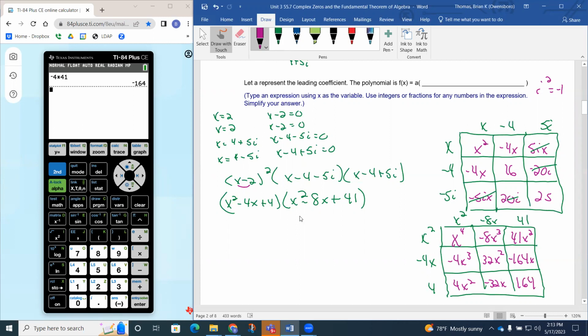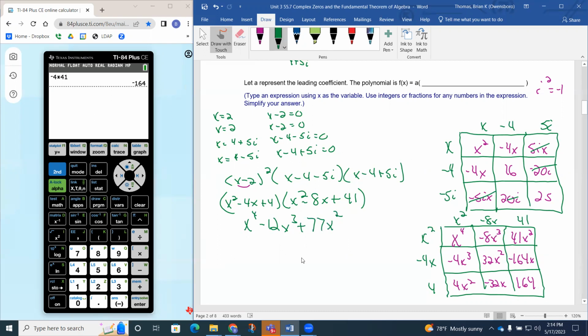So if we put this all together, I have x to the fourth. Then a negative 8 and a negative 4, since those are like terms. Notice that the like terms are diagonal. That's the cool thing about this organizer: all the like terms are in diagonal lines. So negative 8 and negative 4 would be a minus 12x cubed. Then we have 41 plus 32, plus 4 more, which is 77x squared.